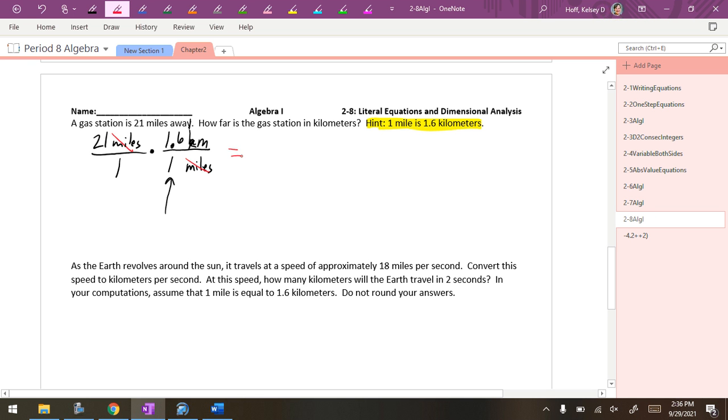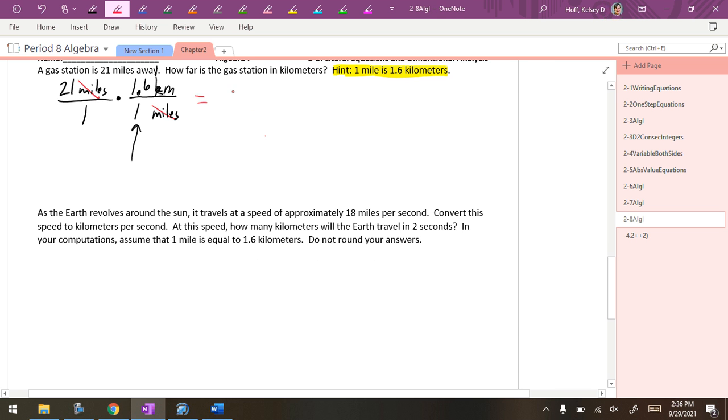We multiply across. 21 times 1.6 is 33.6 kilometers over 1. Maybe I should listen to everything you guys say, huh? Any label on the bottom? So your final answer? 33.6 kilometers.